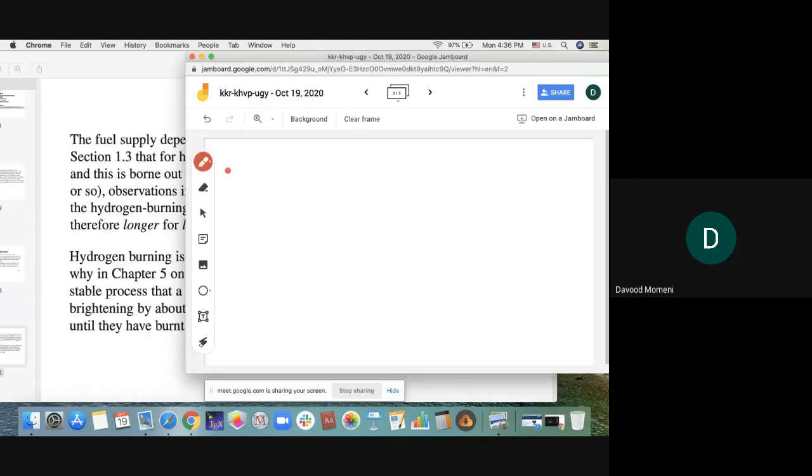For the ones whose mass is really bigger than the solar mass, like 100 times the solar mass, the luminosity is proportional to the cube of m.